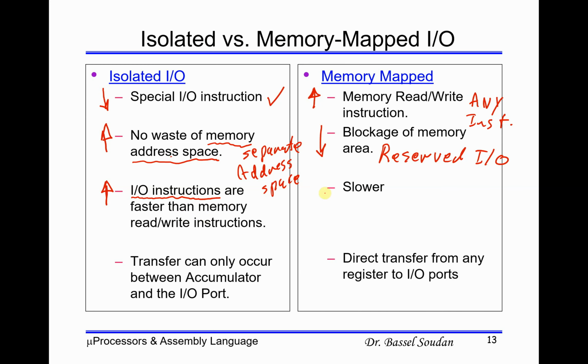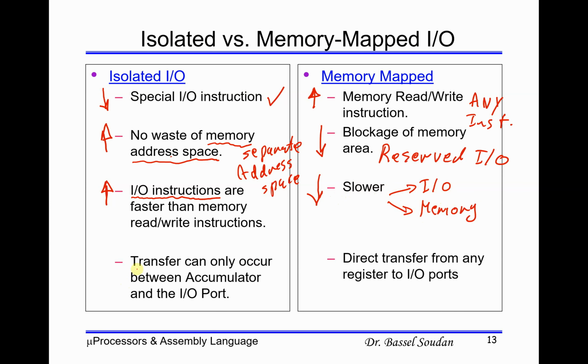However, the memory mapped I/O is much slower, because right now the microprocessor will go and check the range of addresses, whether it is within the range of the I/O or it is for the memory. So it has to spend some time to identify whether the instruction will be routed to the input output or to the memory. That's why it is slower. This is the third difference.